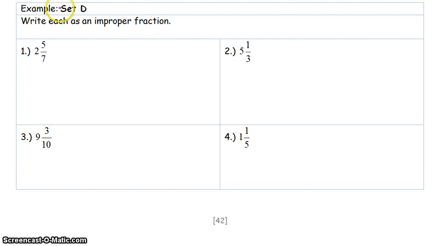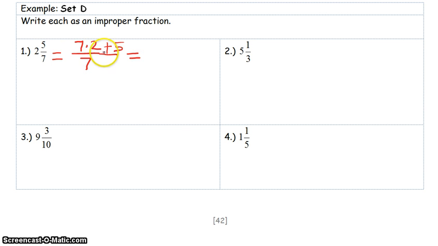Now we do example set D. Write each as an improper fraction. So, let's go through this step by step. The first thing we know is that our denominator will remain 7. That's the first thing. The second thing we know is we would take our denominator, multiply it by the whole number, and add our original numerator. So we have 7 times 2 plus 5.